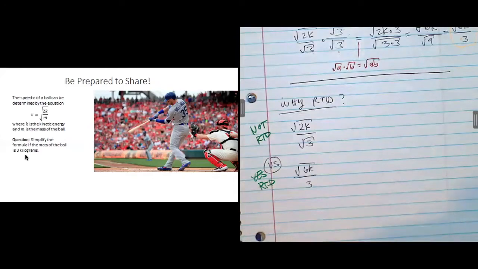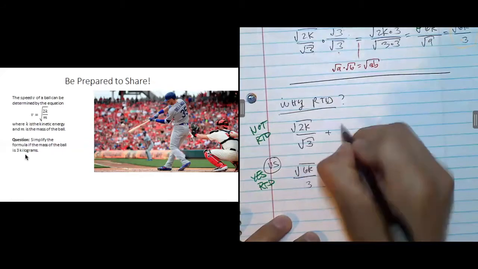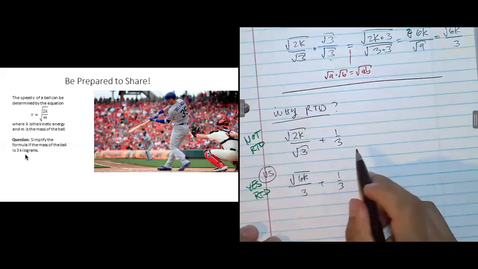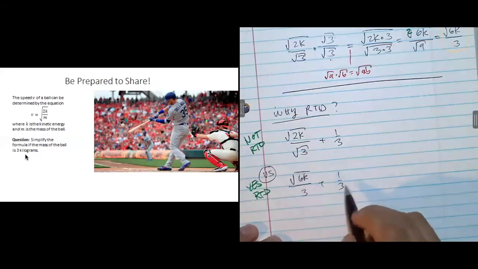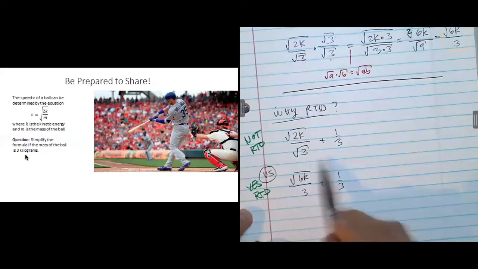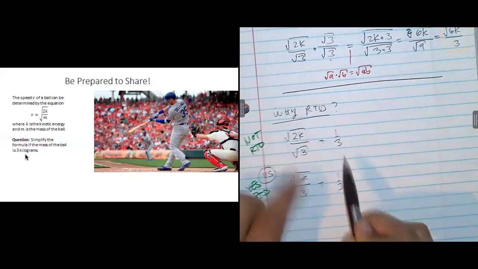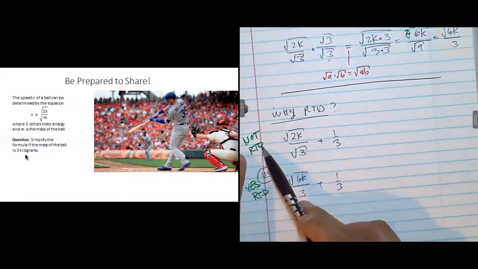So suppose I tell you to add 1/3 to both of them. In which case would it be easier to add the fractions? In the case where they share the same denominators, or in the case where they don't share the same denominators because they're not rationalized?